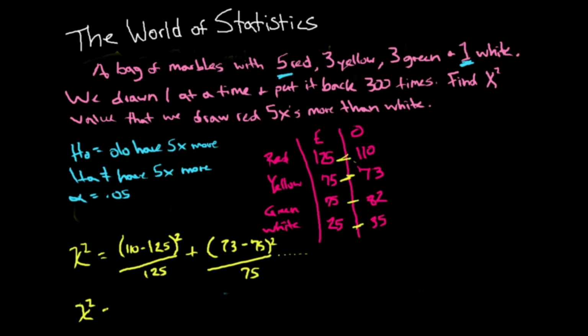So when you do this calculation, our chi-squared value is equal to 6.506, and we have degrees of freedom. We have 4 categories, so we take away 1, so that's equal to 3. So using this information, let's jump over and find our chi-squared critical value.